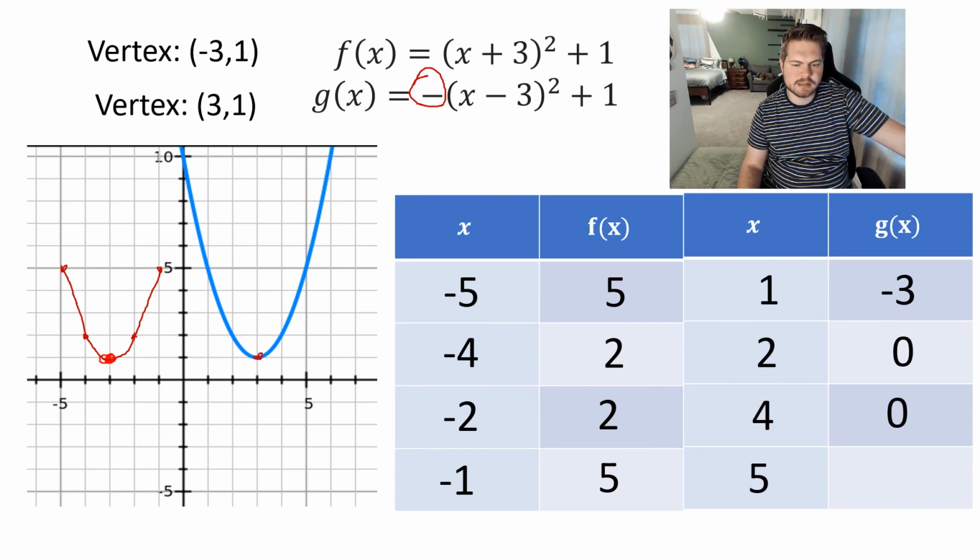So this is mostly correct, but because of the negative, it would be going down at these points. So it creates a negative graph. So that is why neither of them are correct.